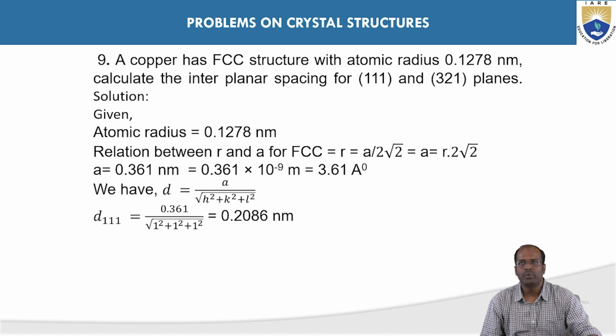For 321 plane, D is equal to A by square root of 3 square plus 2 square plus 1 square. We already know A is equal to 3.61. So finally for 321 plane we got 0.0965 nanometers.